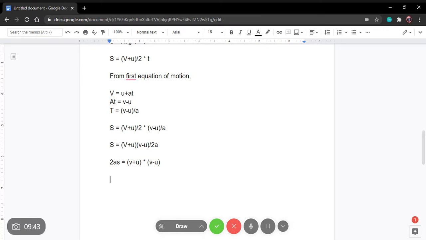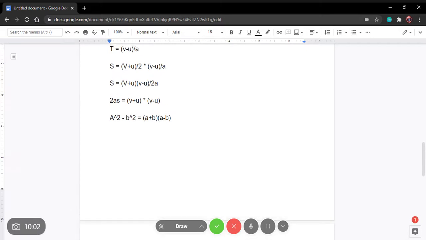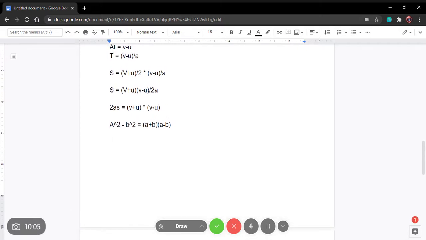In math, we learned that a squared minus b squared is equal to a plus b into a minus b. We use a similar concept here. Instead of a and b, we have v and u.